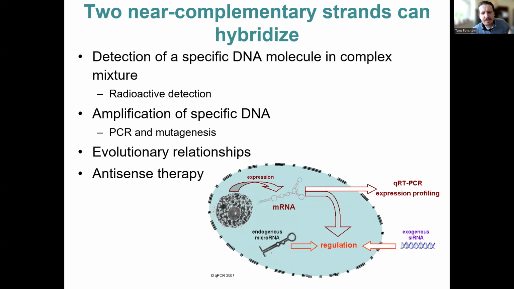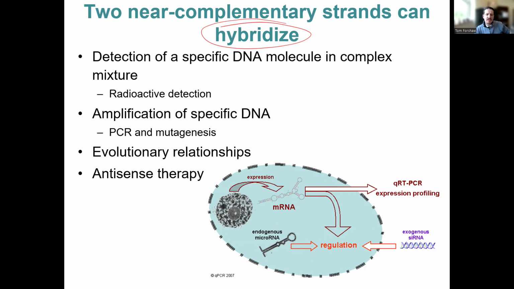Now, detection. Building on this a little bit, this is really talking about if we want to make artificial nucleic acids and synthesize them and use them as tools for doing things.